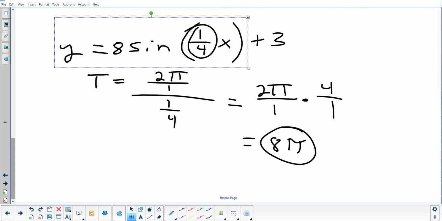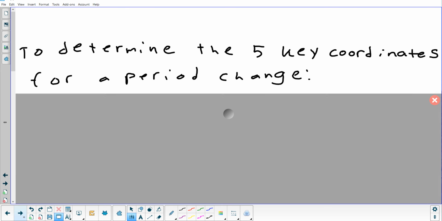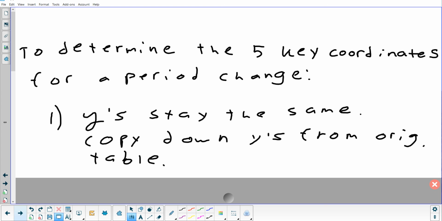Okay. So, stretching and compressing horizontally means x's are going to change. The y values do not. Unfortunately, the y values are the easy ones to work with, and we don't get to work with those today. So your y values for sine: 0, 1, 0, negative 1, 0.